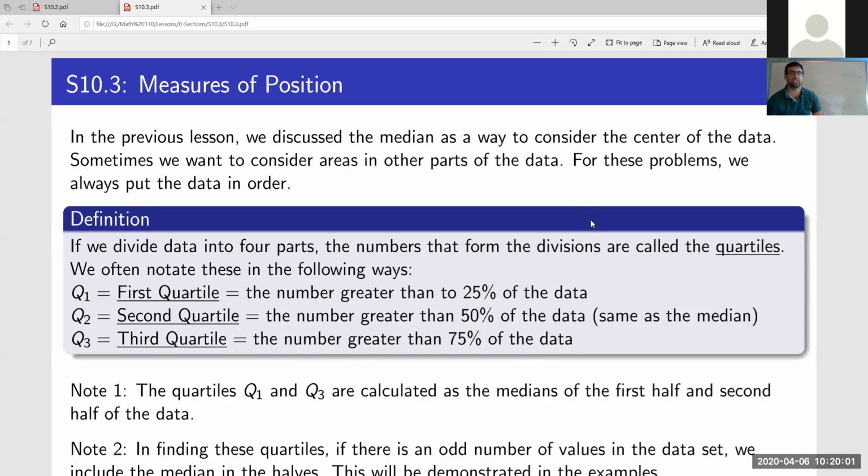So this is kind of a weird way of thinking about it. Because you would think you're dividing it into 4 pieces, why are there not 4 quartiles? Well, because it's how these things are defined.